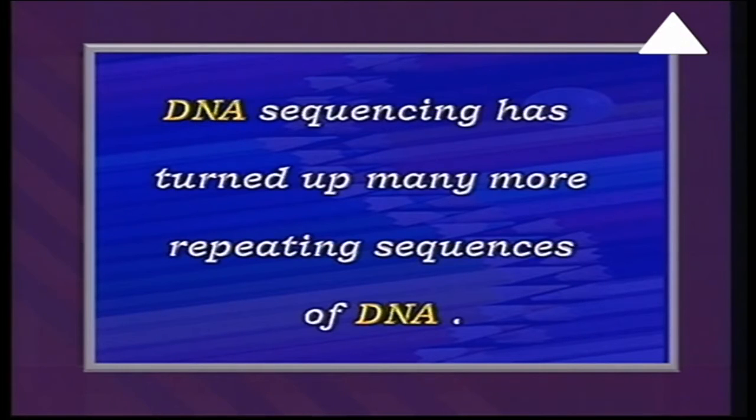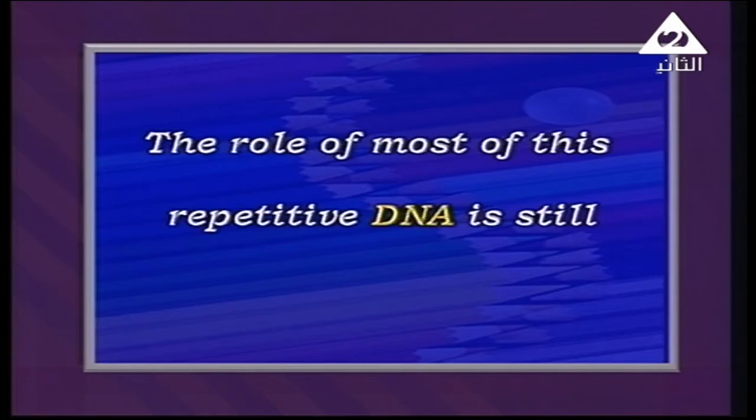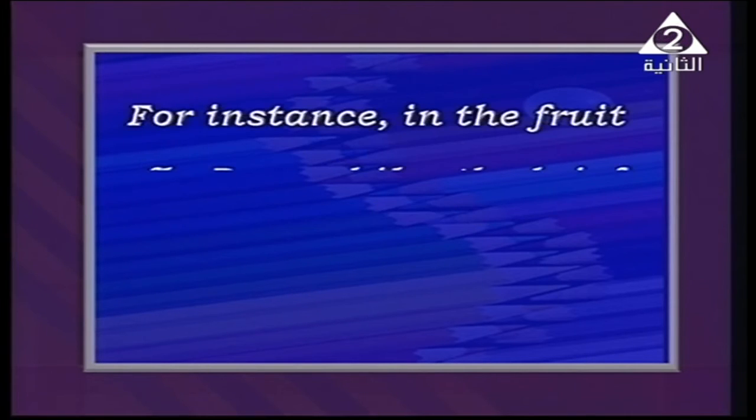Sequencing has also turned up many more repeating sequences of DNA, and the role of most of this repetitive DNA is still unclear, because we have not yet studied its main role inside your body.